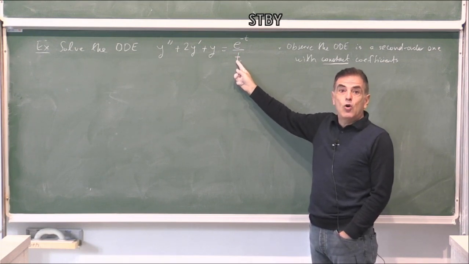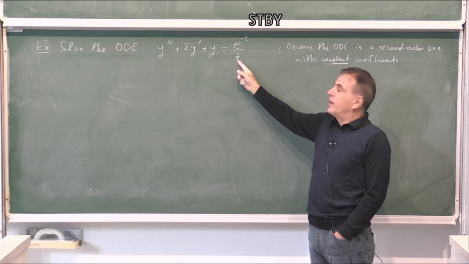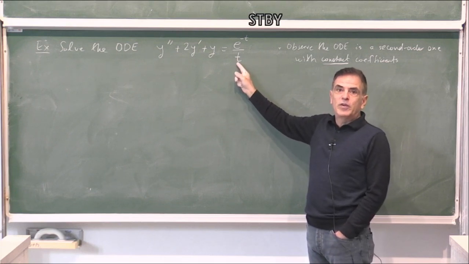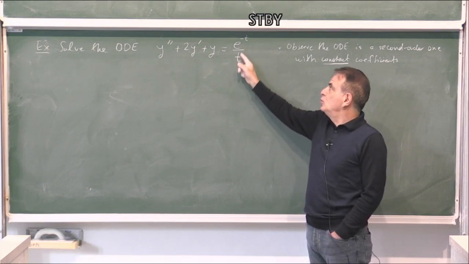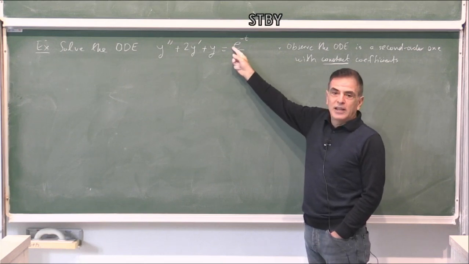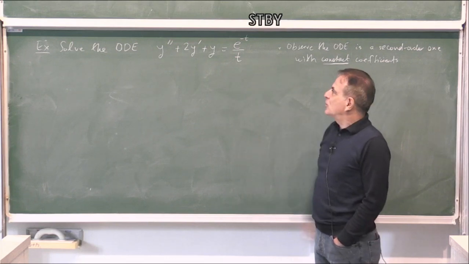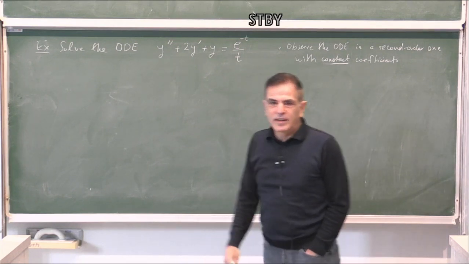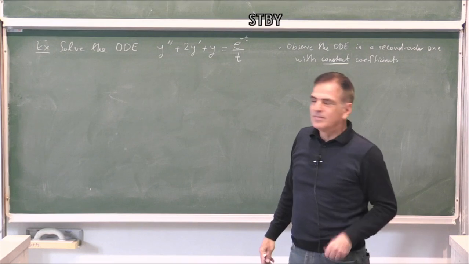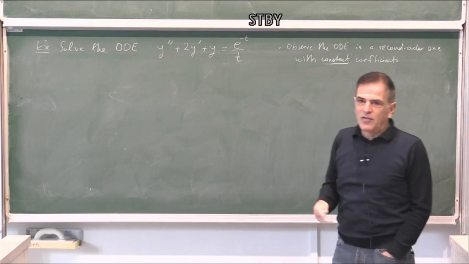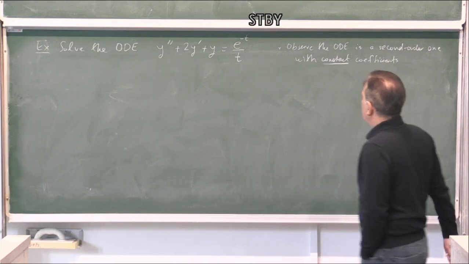So there is no homogeneous differential equation with constant coefficients whose solution contains the term 1 over t. Okay? So it is impossible to find an annihilator, or very difficult indeed. Good.